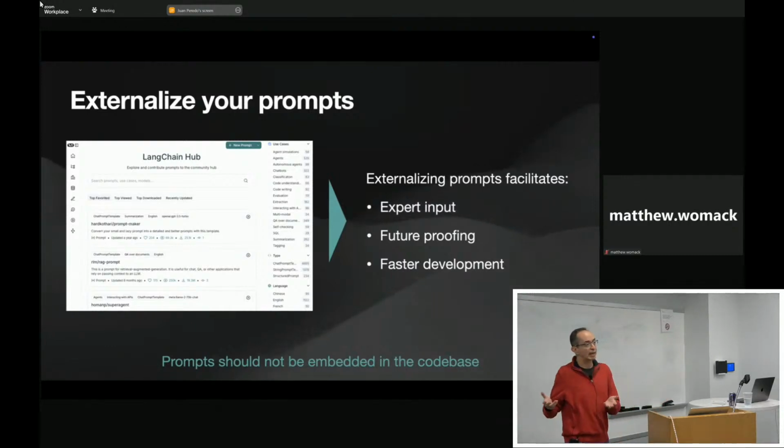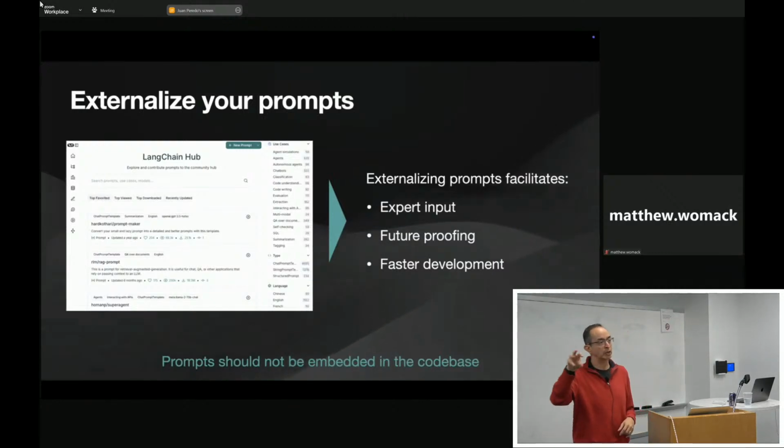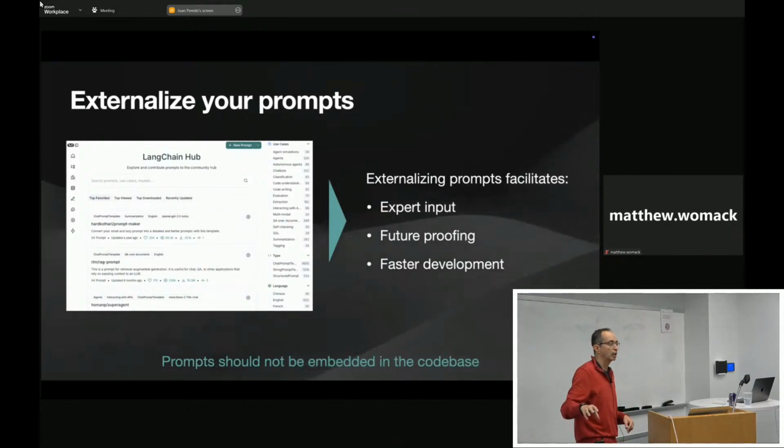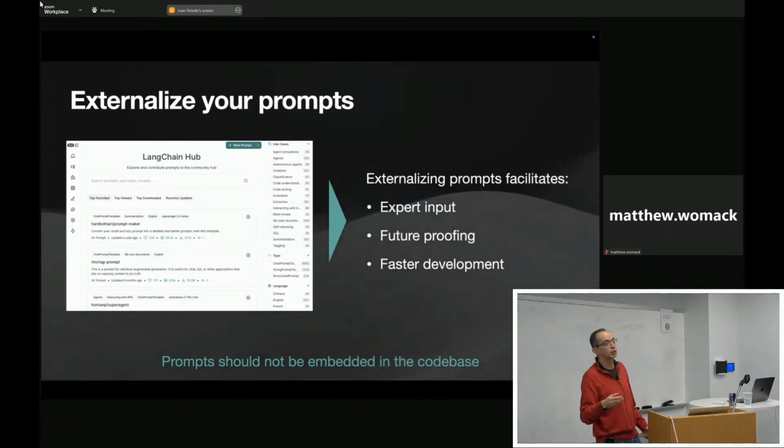But if you externalize the prompts and put them in something like LangChain Hub, then you can give them access, and they can go and play. They can change the prompt, run the LLM, see what comes out, change the prompt, see what comes out. And when they're ready, they'll commit their changes, and that can flow directly into your application, making you go a lot faster than if you had to change the code yourself.